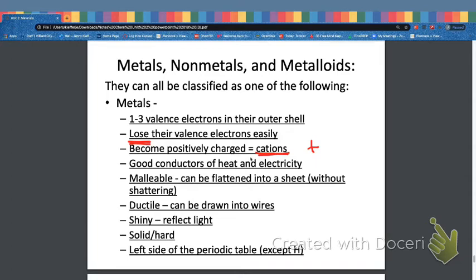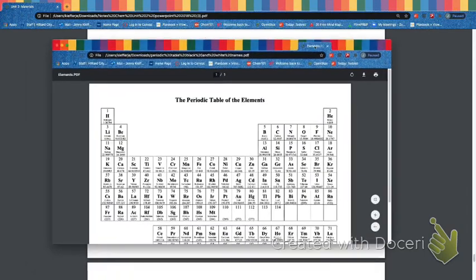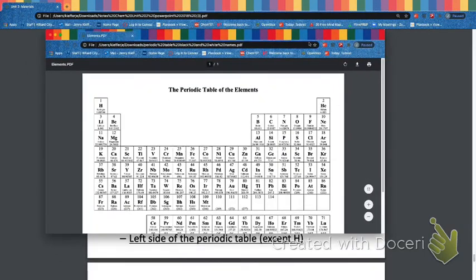And we say that the metalloids are on the left side of the periodic table. So here's what we mean by the left side. So here's my periodic table.